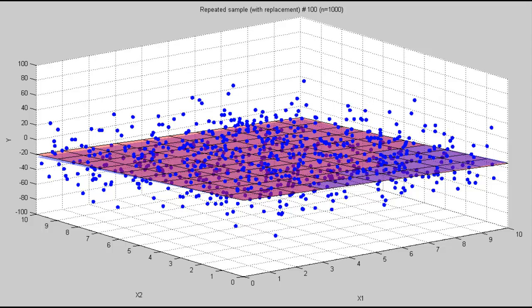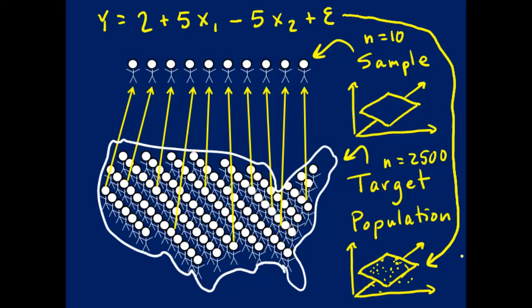Now, I want to move from precision to bias. And so we want to remember the equation that we used to generate the data in the target population, the structural part of the data generation process. The y values were equal to 2 plus 5 times x1 minus 5 times x2 plus the random component.